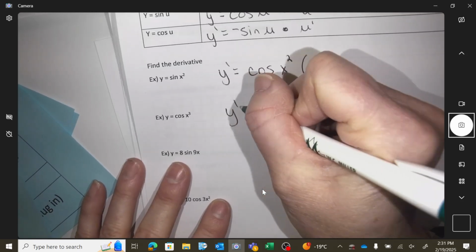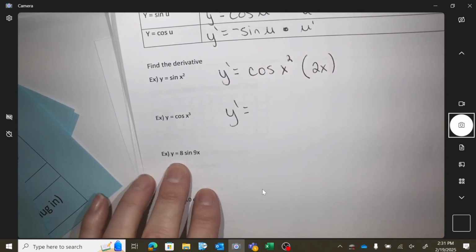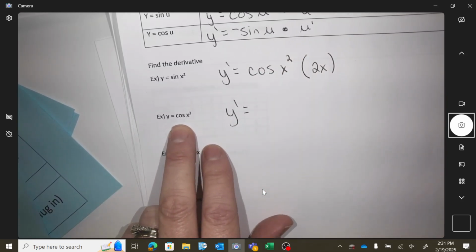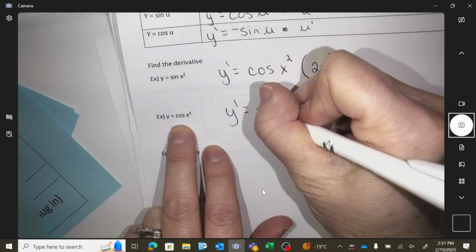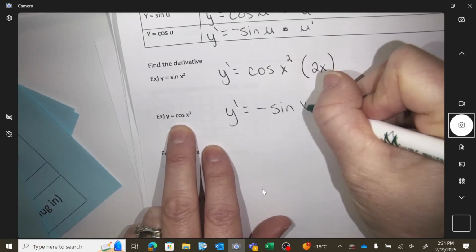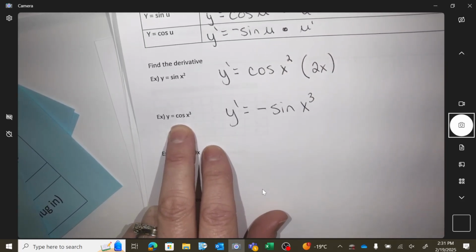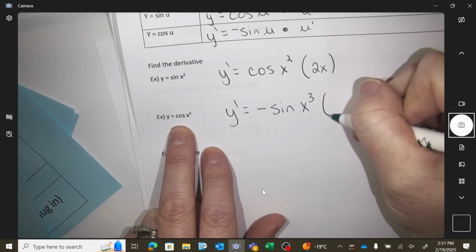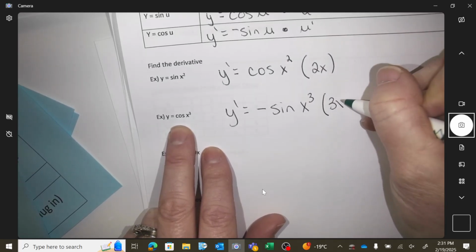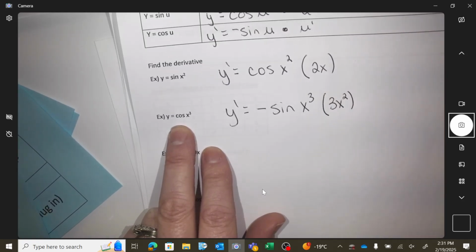Okay, y prime equals. So if I'm a cos, I'm going to derive it as a negative sine of that unit and then attach the derivative of that unit.